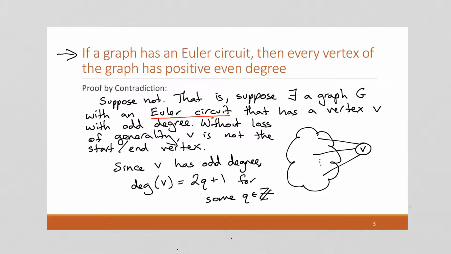And that's the definition of odd. We have an odd degree, so I know the degree is odd. So this is important: the degree is equal to 2q plus 1. We're going to have to move on to the next page to finish this, but we want to remember that the degree is 2q plus 1.